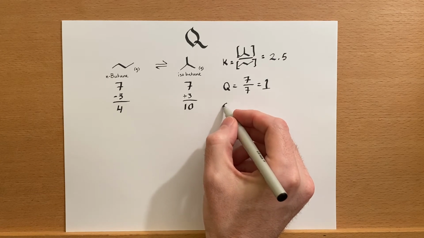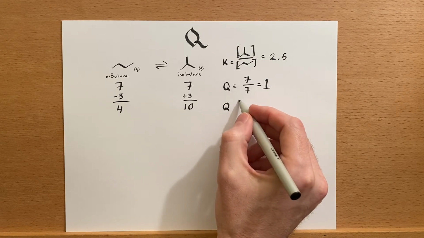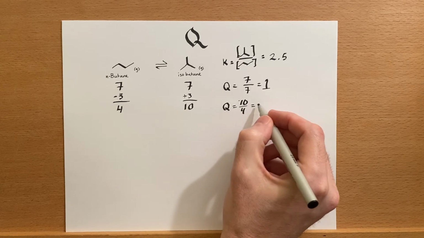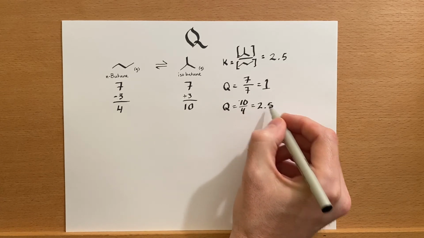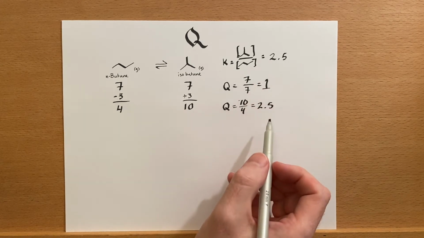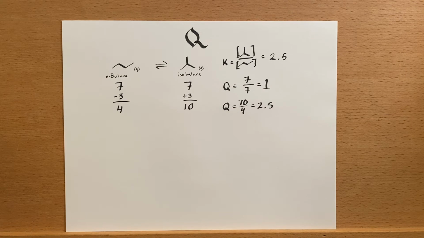So we can recalculate Q. And in fact, Q does equal K, so we are at equilibrium now.